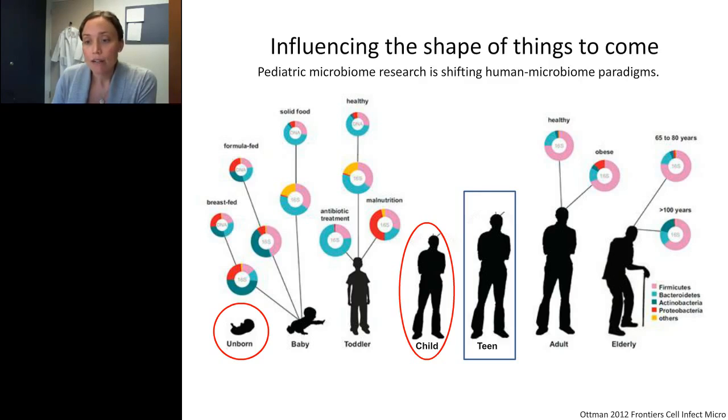As we consider our knowledge of the human microbiome and the developmental continuum, it becomes apparent that recent findings are redefining our understanding of various life stages. For example, until recently, it was very much held that the unborn child was sterile, and we know now that's not the case.